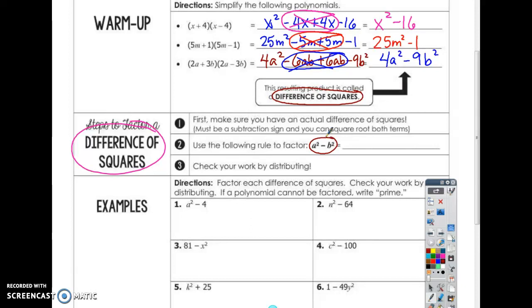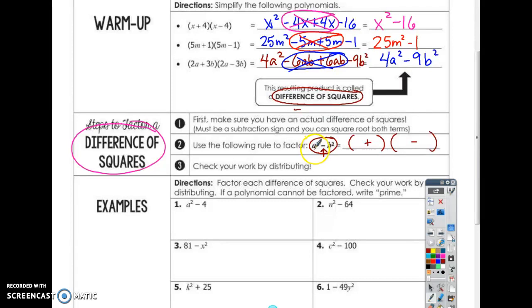Okay, the first one's going to be squared and the last one is squared, and in the middle you have a minus. That's why it's called difference, because it's a minus. Difference of two squares because they were both squared. Okay, so if you have this at the very beginning, which you will down here, you're going to have two answers. One's positive, one's negative, and then you just square them.